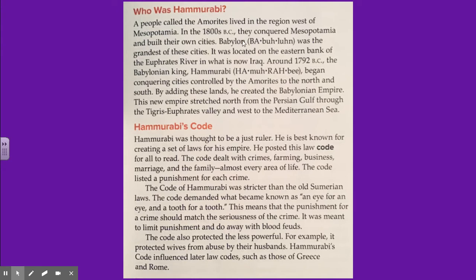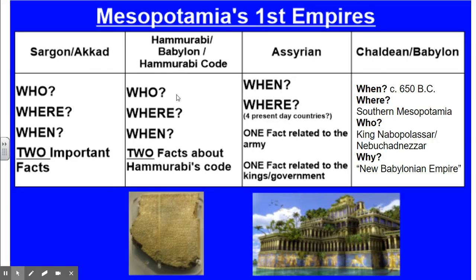And about the fifth or sixth line down, it says he was the Babylonian king. So Babylon is a city, and he's the king of it. Okay, so for your who, Babylonian king or king of Babylon is pretty straightforward.